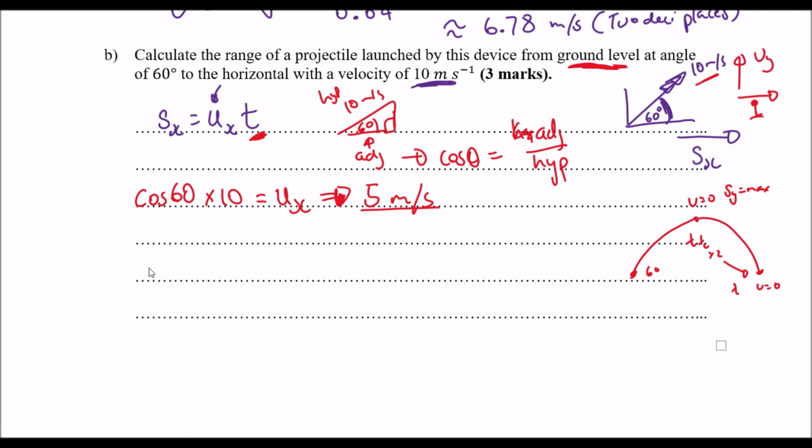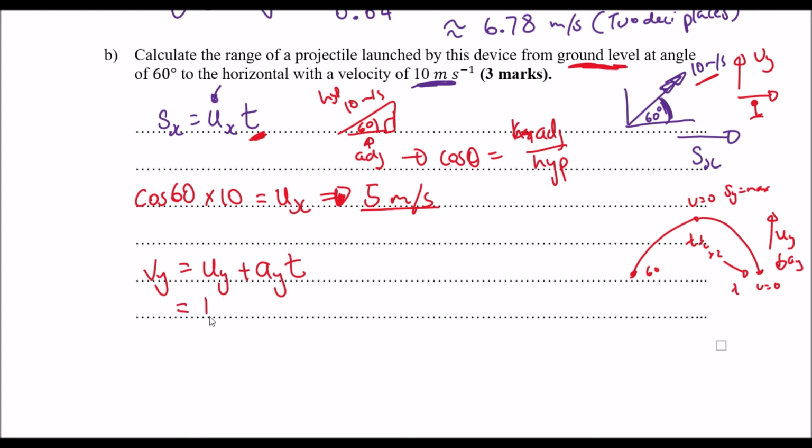Okay, and we're going to be using this equation here. So we have Vy equals Uy plus Ay t. Ay is the acceleration due to gravity. As our object is being launched up, that means gravity is going in the opposite direction, and you need to consider that in your vector analysis.